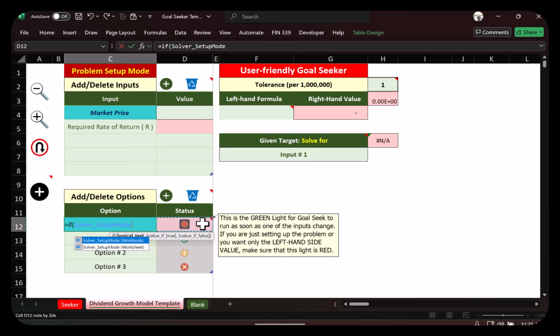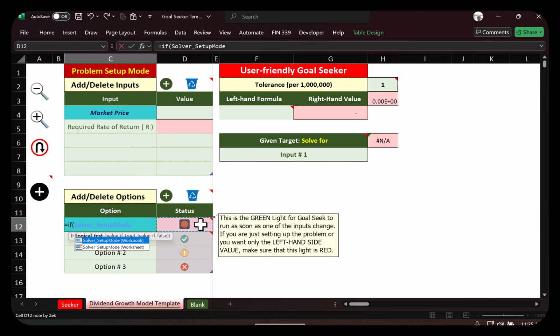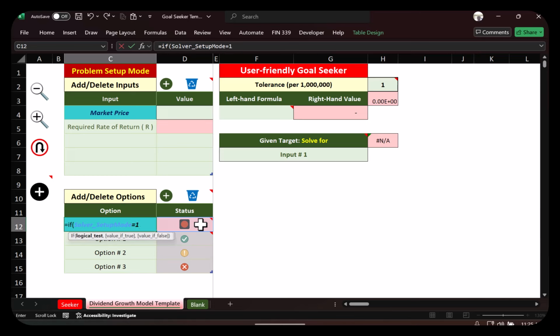This is a green light. Call that solver mode. Otherwise, setup mode.